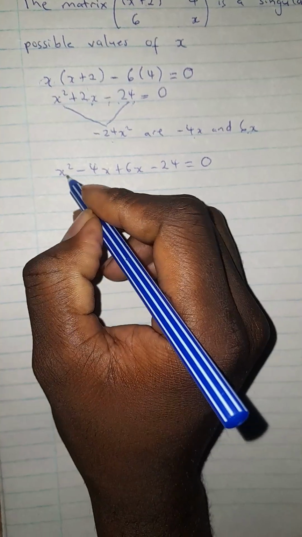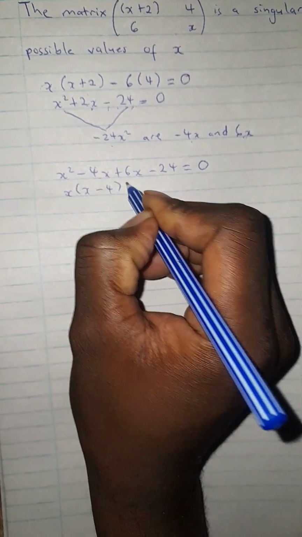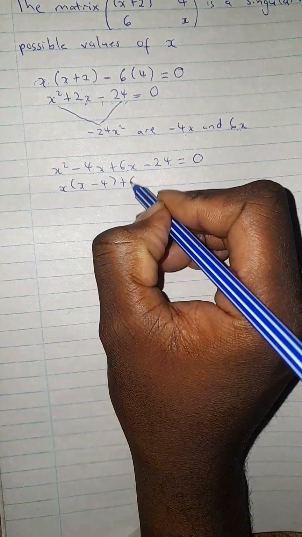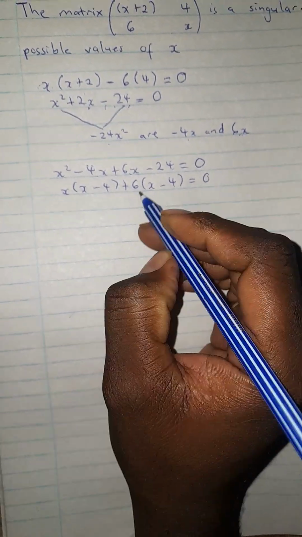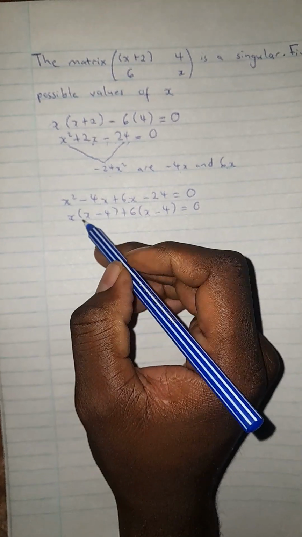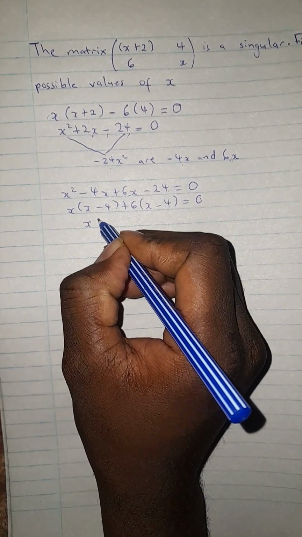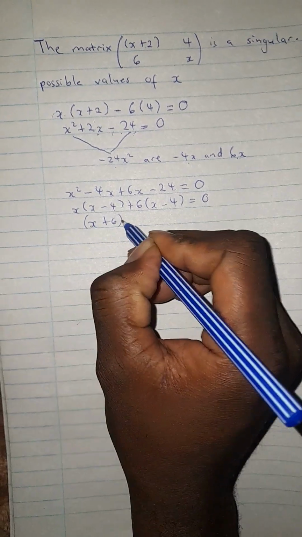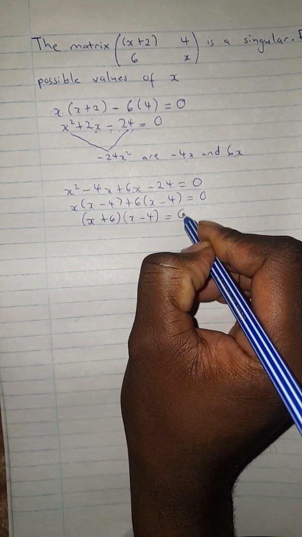Then I'll factor out x here: x times (x minus 4), plus, here I'll factor out 6: 6 times (x minus 4), equal to 0. So it's now (x plus 6) and (x minus 4) equal to 0.